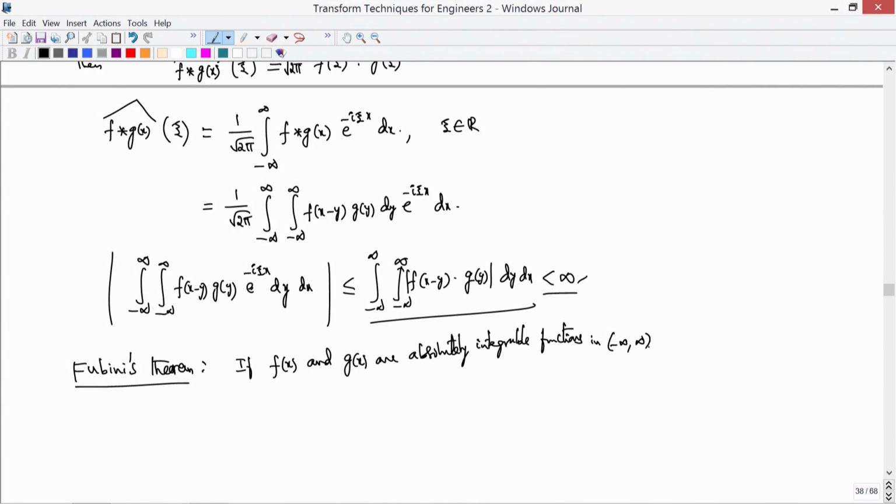So, let us use the full real numbers, that is functions on minus infinity to infinity. Then what you have is the double integral from minus infinity to infinity, minus infinity to infinity, of f of x into g of y, let us say g of y.